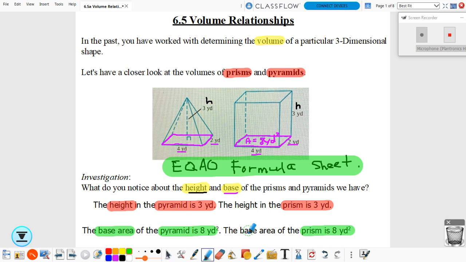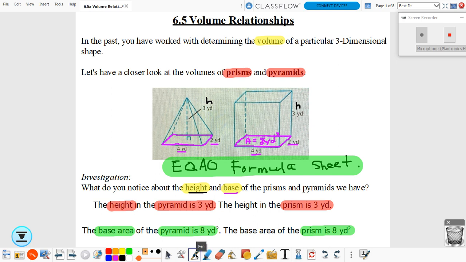Now, when you're dealing with prisms and pyramids that have the same base area and also the same height, there is some magical relationship that you're going to see. And the best way to see it is to actually see it. There's no other way. So how many of these pyramids do you think will fit inside of the prism?